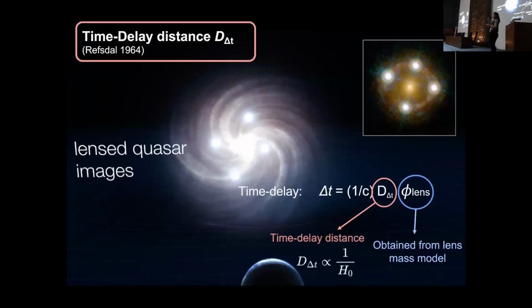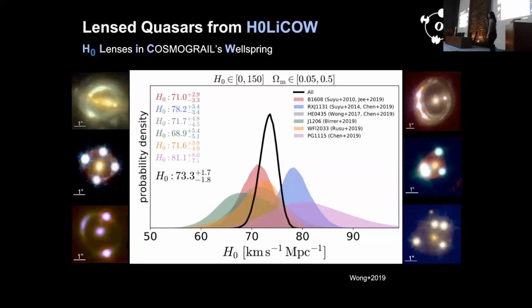This idea was first proposed by Refsdal in 1964, but he proposed it using supernovae as the lensed sources. It was first implemented using quasars by H0LiCOW. H0LiCOW, or the H0 Lenses in COSMOGRAIL's Wellspring, measured the Hubble constant from 6 gravitationally lensed quasars.